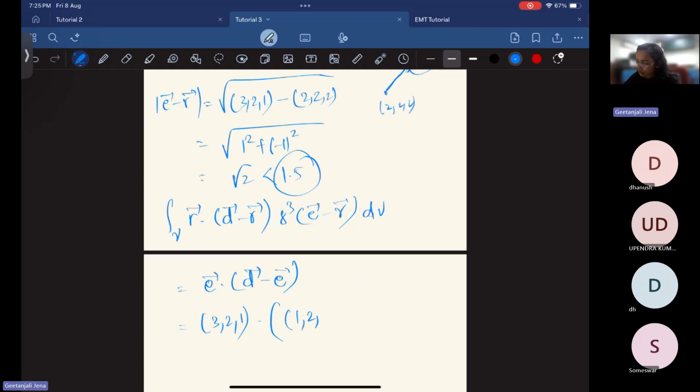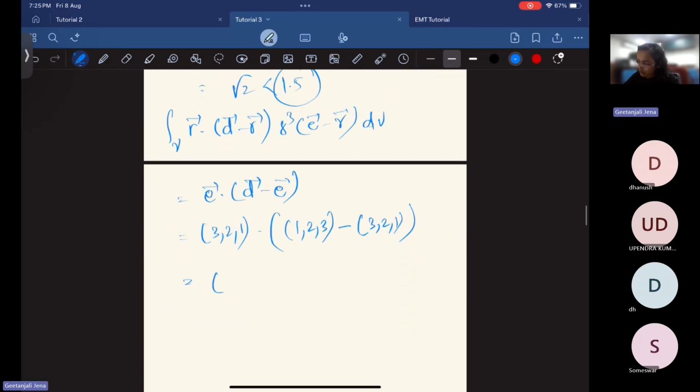D is 1,2,3 minus 3,2,1. So this is 3,2,1 dot. This will give minus 2, 0, and 2. The dot product will give minus 4.